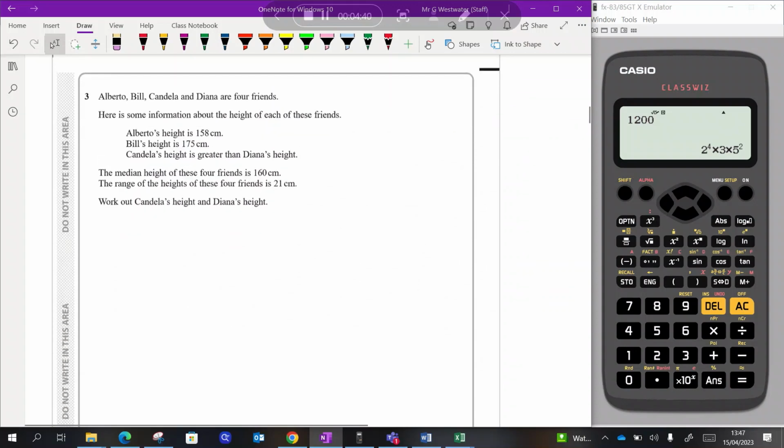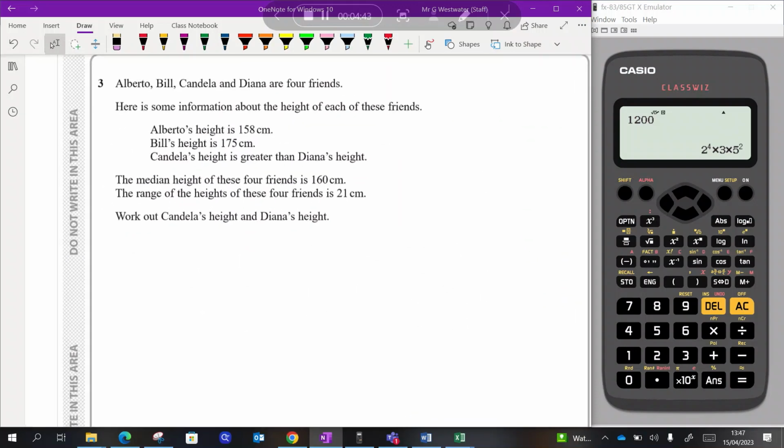On to question 3. Alberto, Bill, Candela, and Diana are 4 friends, here is some information about the height of each of these friends. Alberto's height is 158, Bill's height is 175, and Candela's height is greater than Diana's height.